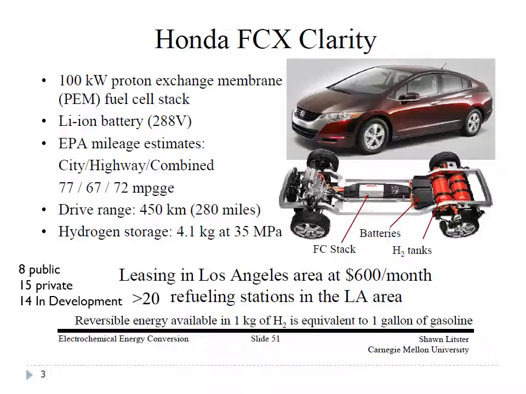Now, of course, hydrogen is being used more efficiently than gasoline, which is why, as you notice here, 4 kilograms of hydrogen gives you about 300 miles, whereas 4 gallons of gasoline is not going to get you 300 miles unless you're getting on the order of almost 100 miles per gallon, which is not really viable.